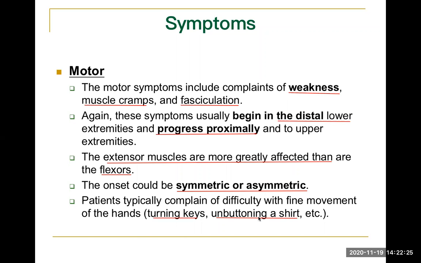Turning the key and unbuttoning a shirt are the feature of distal group of muscles, whereas combing the hair is the feature of proximal group of muscles. Remember, we need to raise our upper limb and take that upper limb to the head area, then only we can comb the hair. So proximal group of muscles play a big role when we lift our upper limb upward. So this type of questions are really important when we take the history.